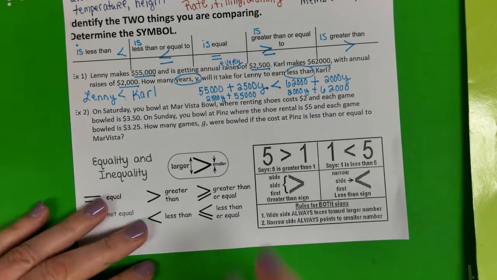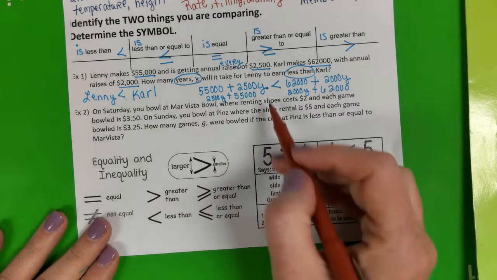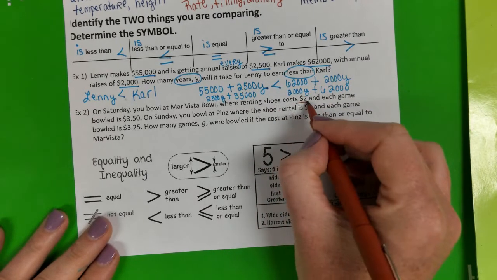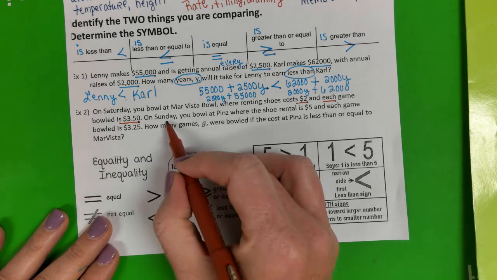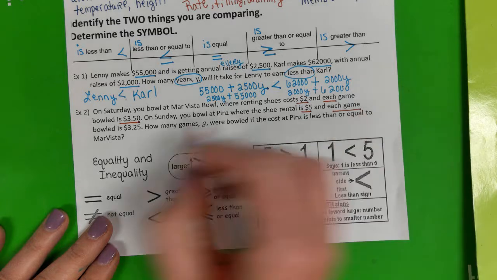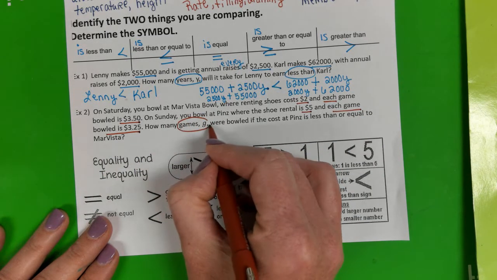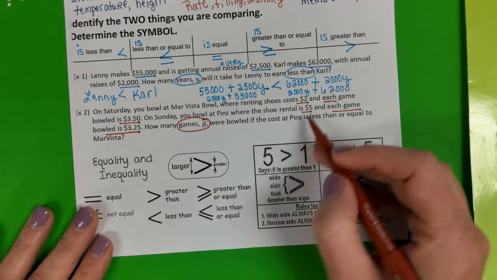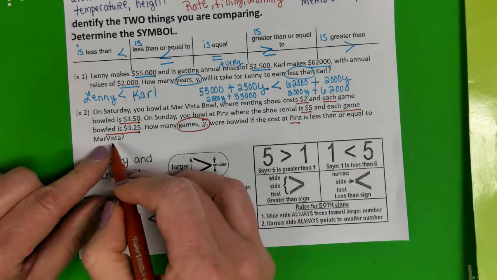Let's look at the next one. On Saturday, you bowl at Mar Vista Bowl, where renting shoes costs $2 and each game bowled is $3.50. On Sunday, you bowl at Penn's, where the shoe rental is $5 and each game bowled is $3.25. How many games, G, were bowled if the cost of Penn's is less than or equal to Mar Vista?